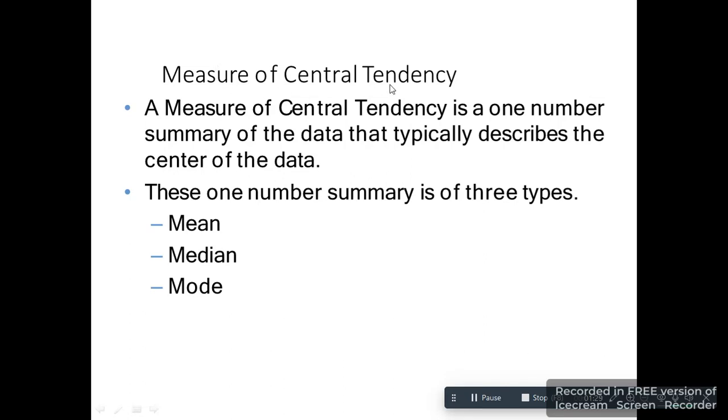A measure of central tendency is a one-number summary of the data that typically describes the center of the data. It means it represents the center point or the typical value of the data set.